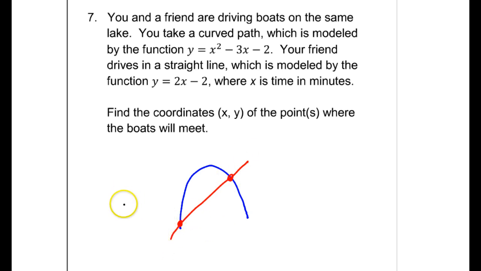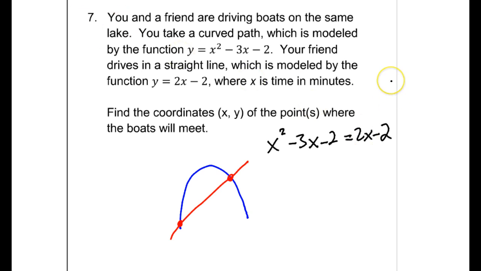Okay, so we want to figure those 2 locations out. So let's see where these 2 are equal. Okay, so intersection means equality. So if I want to know where 2 things intersect, mathematically you're saying I want to know where they're equal. So where are these 2 equal?